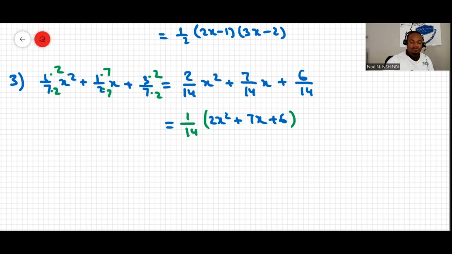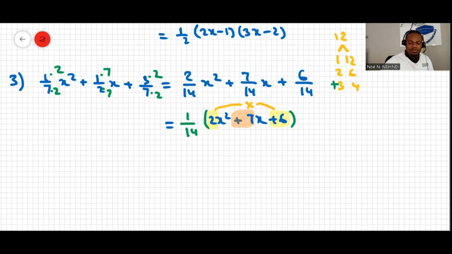Now we can factorize. We multiply the coefficient of the first term with the constant term: 2 times 6, which is 12. Then we list the factors of 12. They are 1 and 12, 2 and 6, 3 and 4. Now if we need a sum equal to the coefficient of the middle term, positive 7, we can get 7 only with 3 and 4.